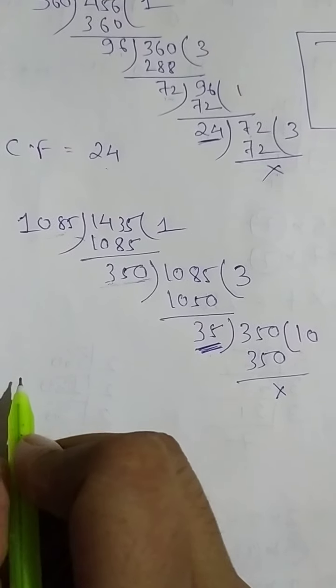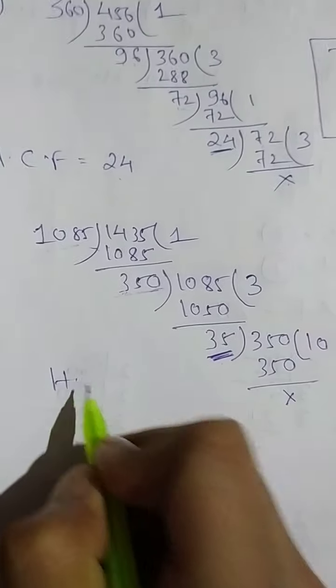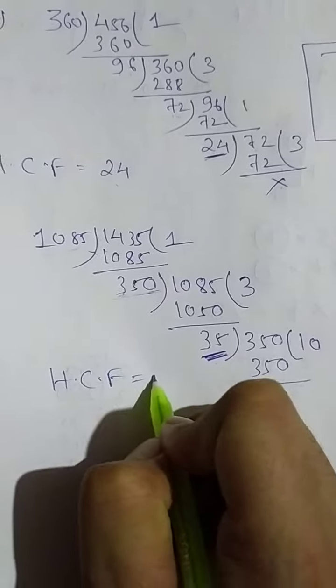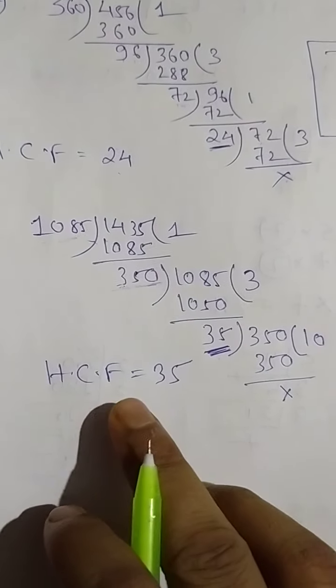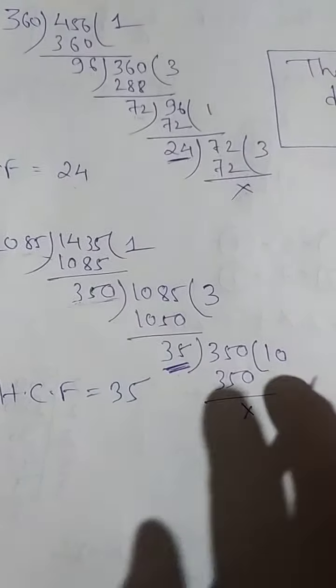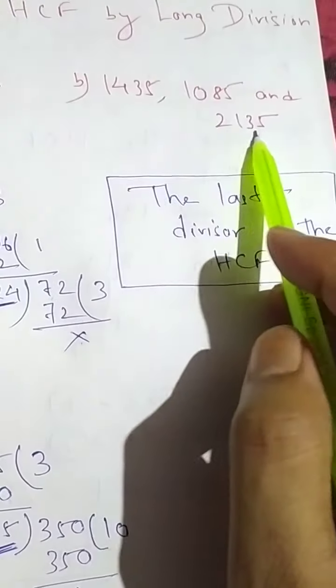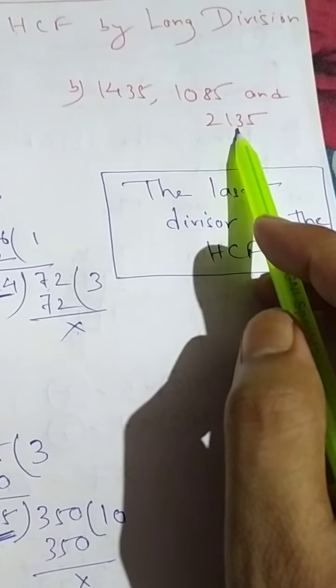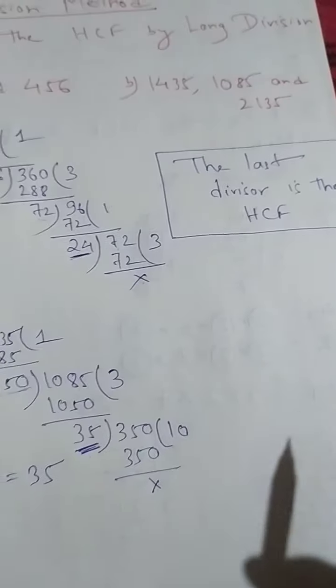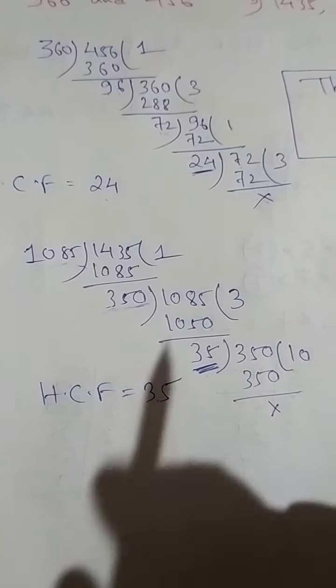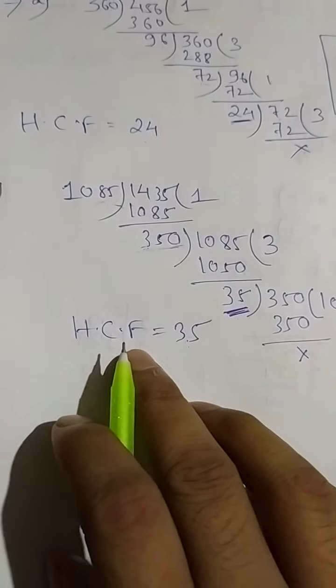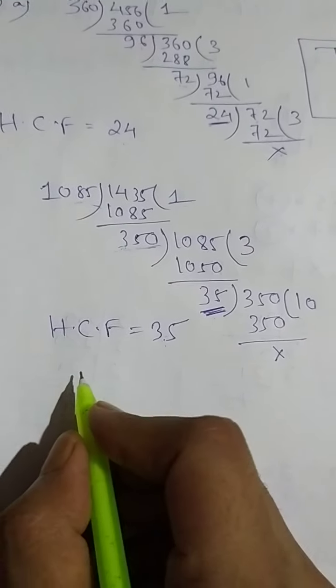But this is not the end. Another number is there. We have 2135. Now how to do this 2135? Now with this HCF, you will divide 2135. Now how?